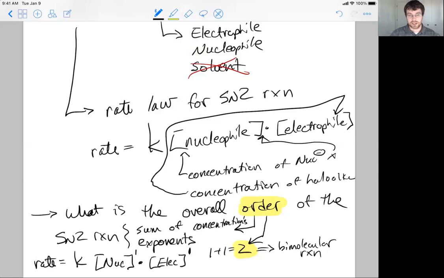So 2 is the exponent. We just take 2 plus nothing, which is equal to 2. That's also a bimolecular reaction, which is different from a unimolecular reaction we'll talk about next time, where the exponents all add up to 1. Most importantly, I wanted to give us some context as to where the 2 comes from in the name for the SN2 reaction.